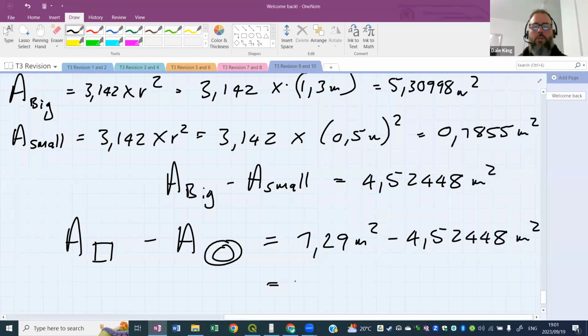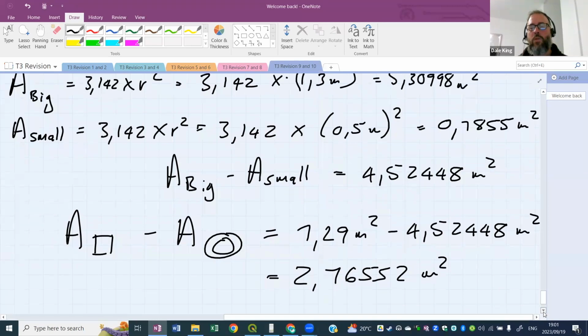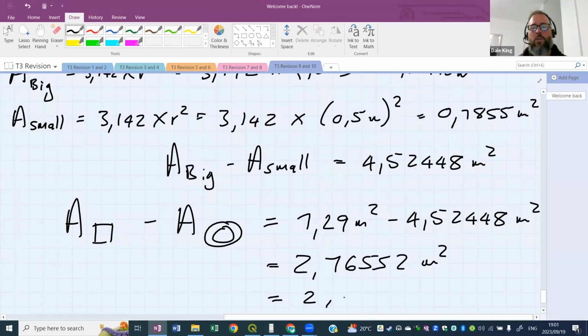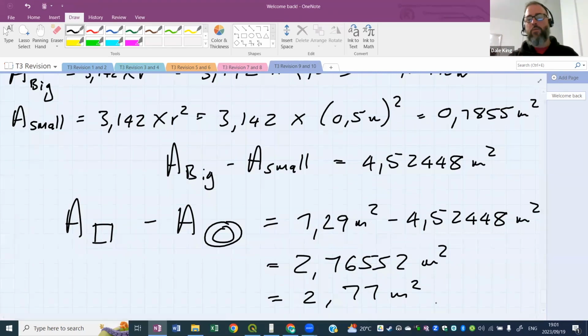So it's close. 2.76552 meters squared, which we can round off to 2.77 meters squared. All right, so they said when you cut away this pink donut shape out of this square wood, you'll be left with 2.01, and we're saying no, you're actually going to be left with 2.77. So it's not valid. It's not true.